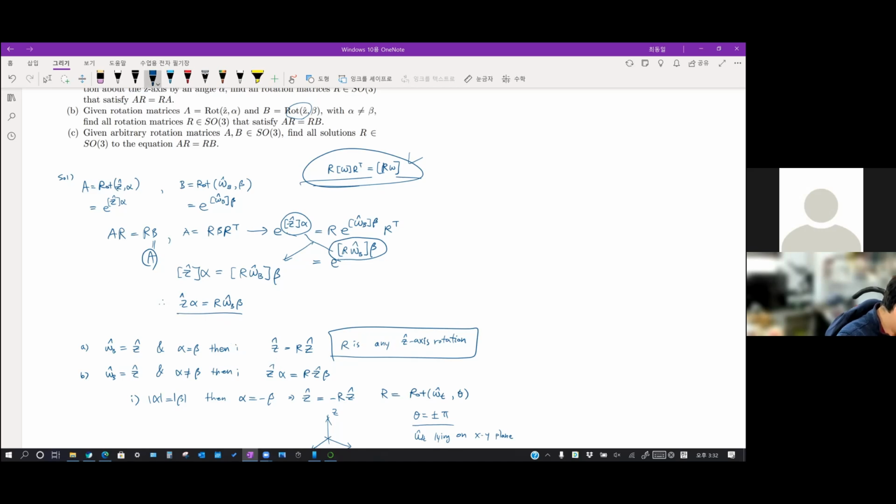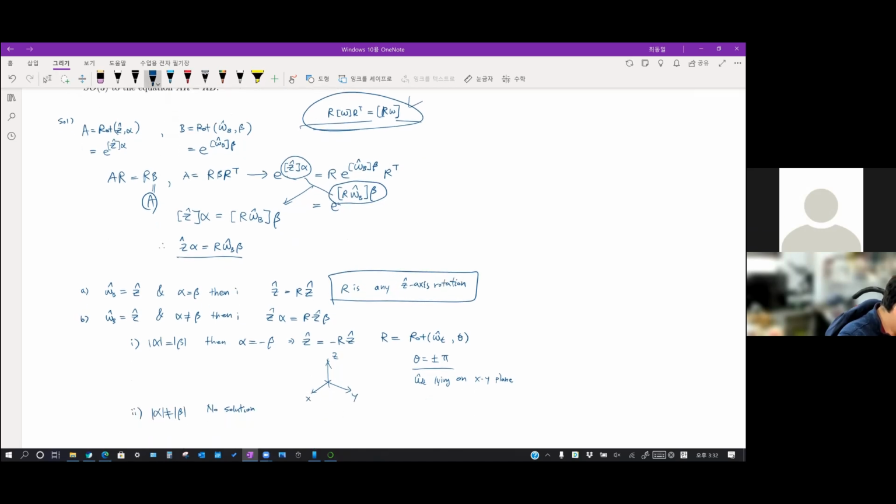So if alpha is not equal to beta, in that case, even though they are not the same, the size of alpha and beta can be equal. For example, 3 and minus 3 are not the same, but the size of 3 and minus 3 is equal.